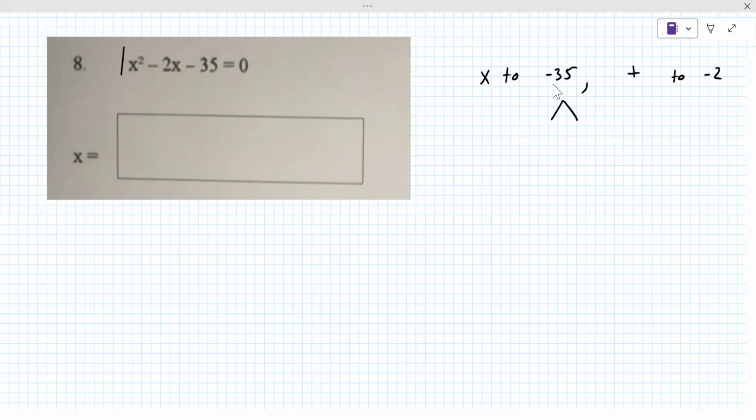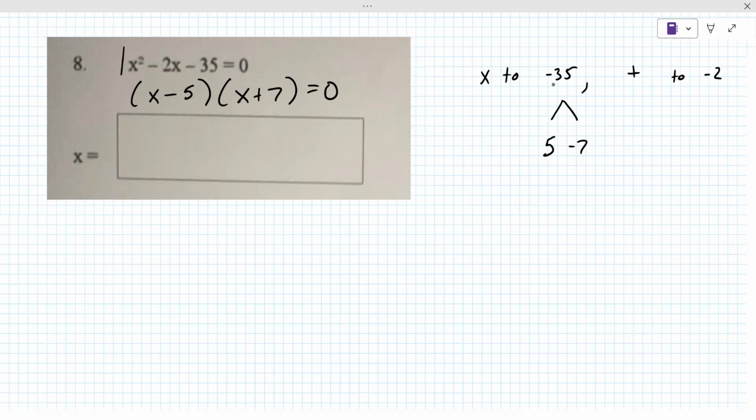Get 5 and -7. Yes. So that becomes, there's this intermediate step here, x minus 5, x plus 7. So you remember what we do from here?